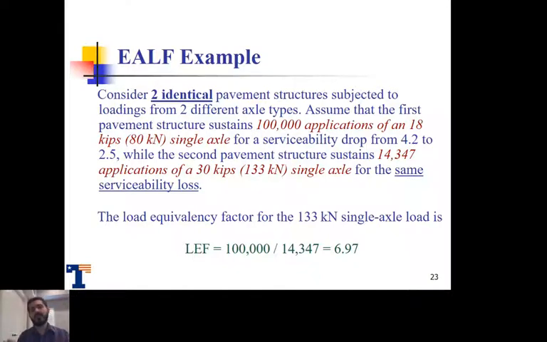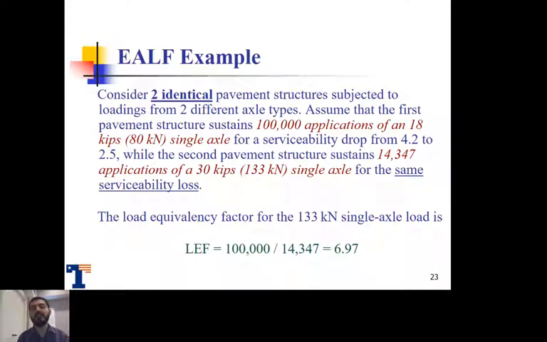We have two identical structures. One handled 100,000 18 kip single axle loads, the equivalent single axle load, before it reached failure at 2.5 psi, and an identical pavement section handled only 14,347 repetitions of the 30 kip.